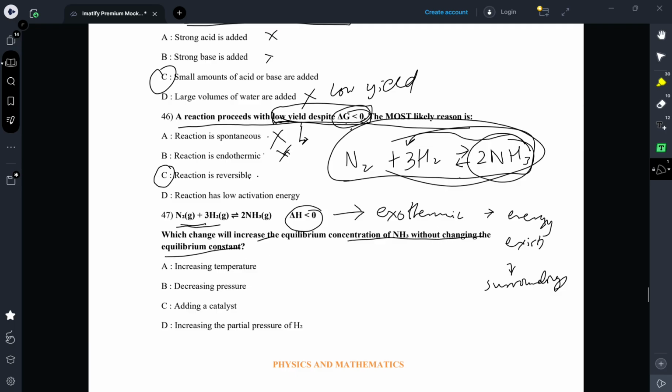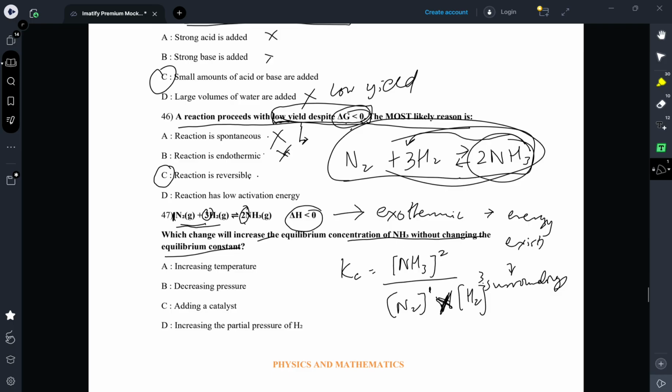Now, the equilibrium constant is Kc. Kc is written like this: the concentration of NH3, with its stoichiometric coefficient as the power, multiplied by N2, divided by H2 with its coefficient as the power. If nothing is written, then it is 1, and you don't need to write it.